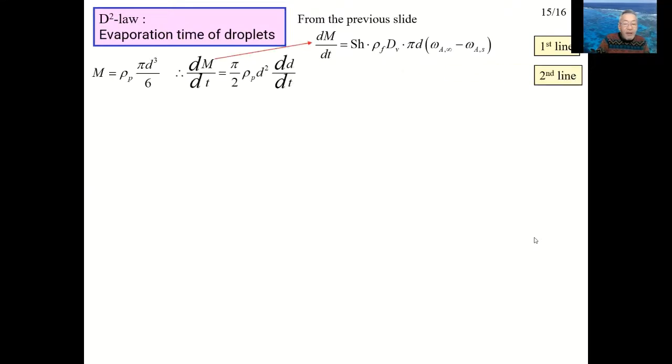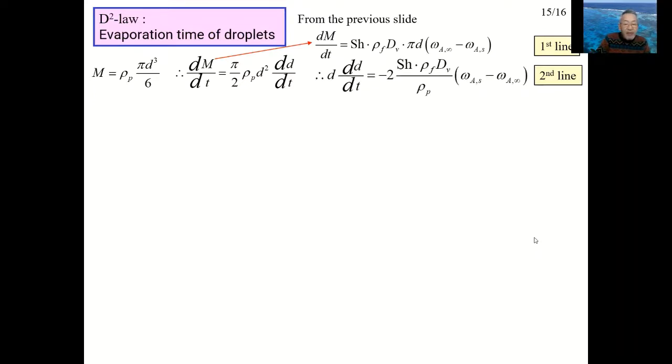The droplet mass, large M, is the density rho times volume as shown in the left equation on the second line. By differentiating this left equation with time, the time derivative of droplet mass M can be expressed as the time derivative of the droplet diameter d.